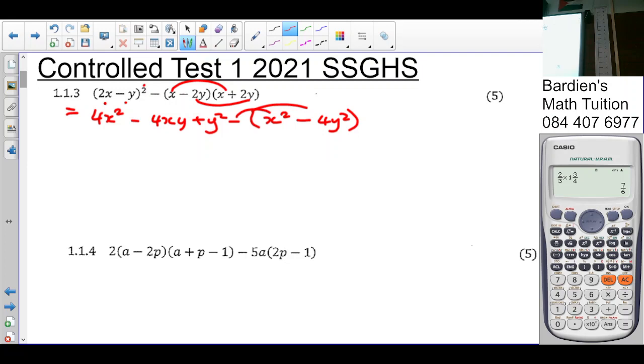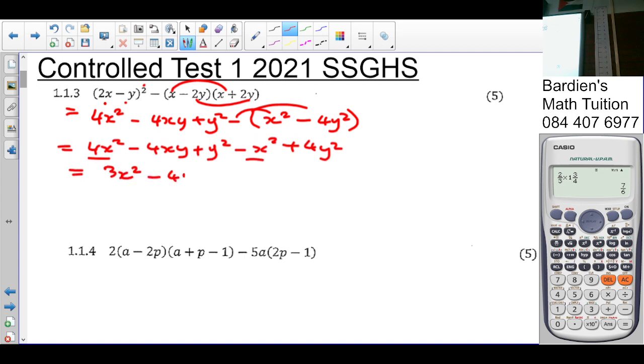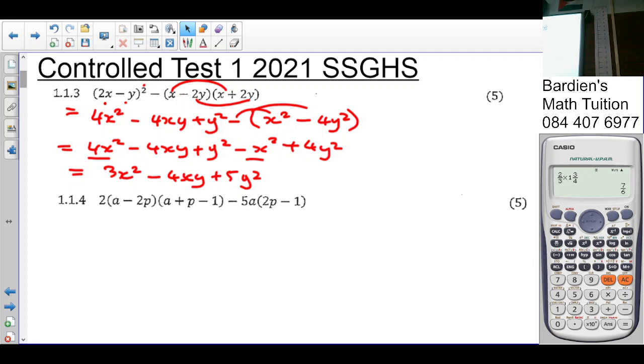So that's going to give you 4x squared minus 4xy plus y squared minus x squared plus 4y squared. So that is like terms. So it's going to give you 3x squared minus 4xy. Y squared plus 4y squared is going to give you 5y squared. Okay? Any issues there?